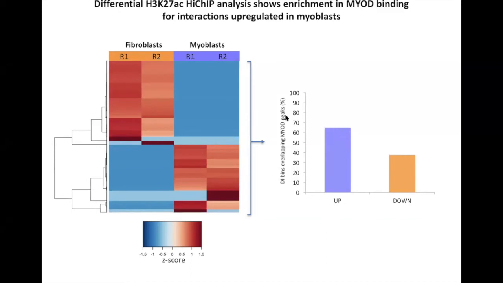So most of the MyoD peaks, by looking at the ChIP-seq profile of MyoD, were found within interactions captured by HiChIP that were increased in their strength, while those interactions whose strength was decreased were still associated with MyoD binding, but to a much lesser extent.